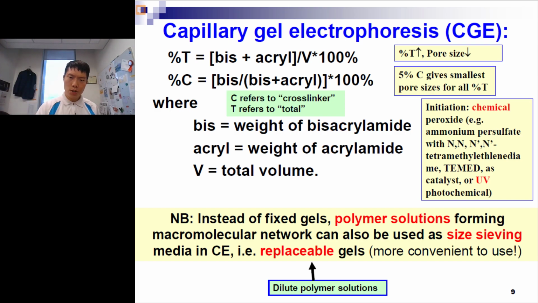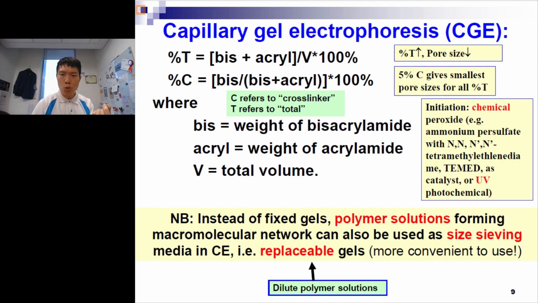Now another approach is not to use a fixed gel, which means you don't make the polymer inside the capillary. Instead, you have a very dilute polymer solution, a liquid, and this polymer solution will have a different pore size based on the size of the molecule. So these polymer solutions can also achieve size-based separation.